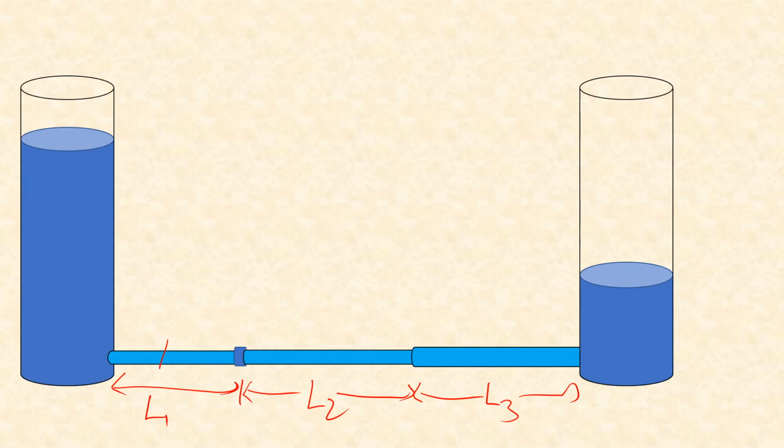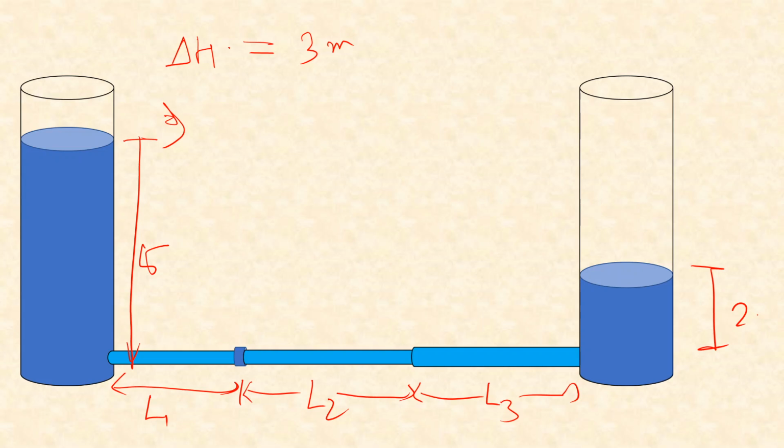These two diameters are same, this one and this one, but this diameter is different. So in this case, if we try to use a similar approach, then delta H, again let's say it is 3 meter when this is 5 meter and this is 2 meter.